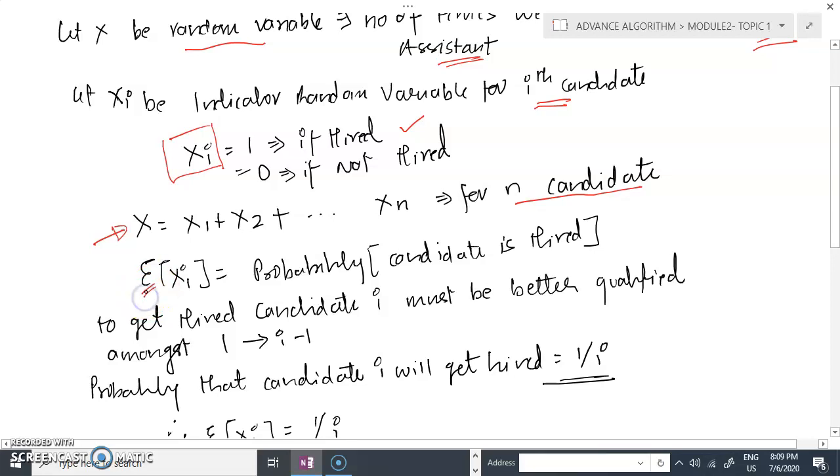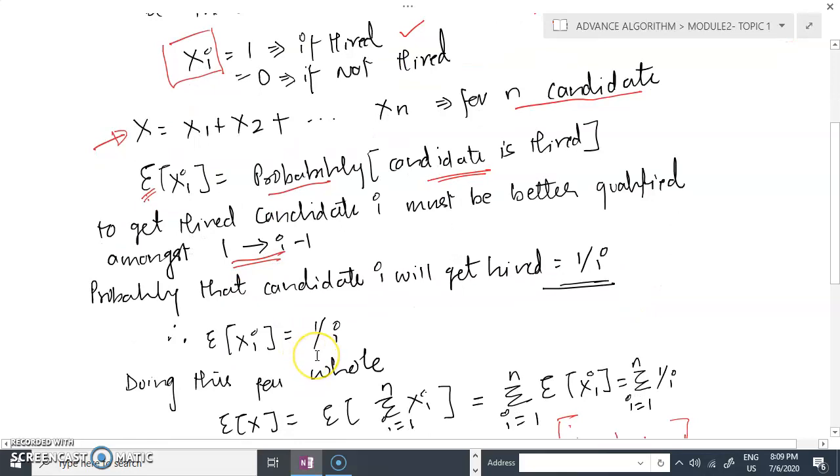So we need to find the expectation. The expectation of x of i, as we have seen in the last video, is the probability that the candidate is hired. Now, to hire candidate i, that candidate must be better qualified than all the other candidates.